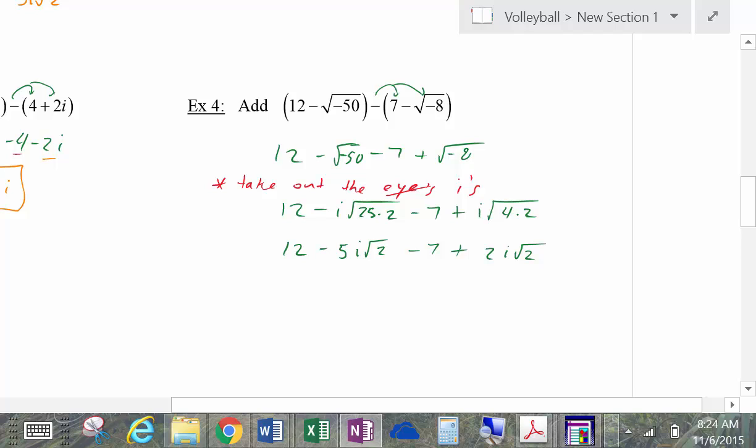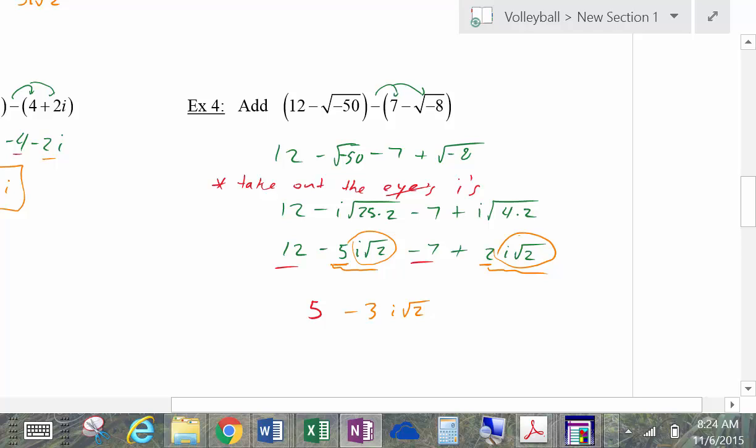All right, we add like terms together. 12 minus 7, 5. Negative 5i root 2 plus 2i root 2. Can we actually combine those? Yes, and that's because everything is the same except for the coefficient.